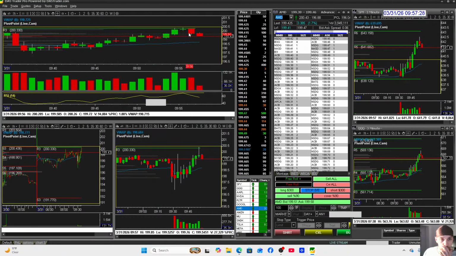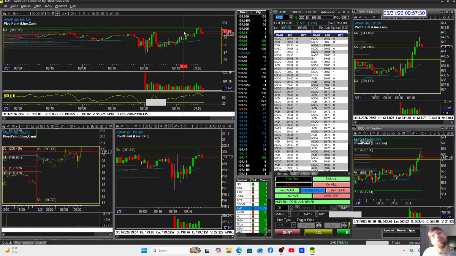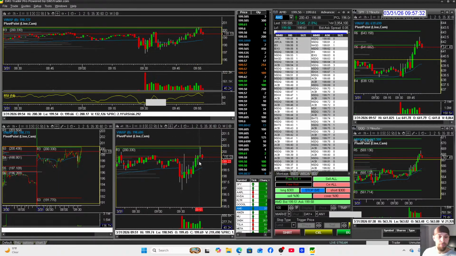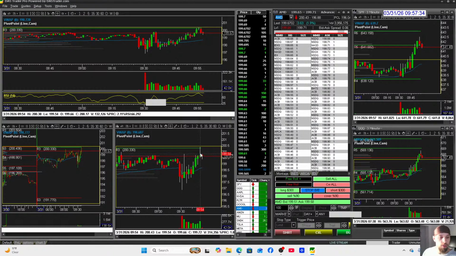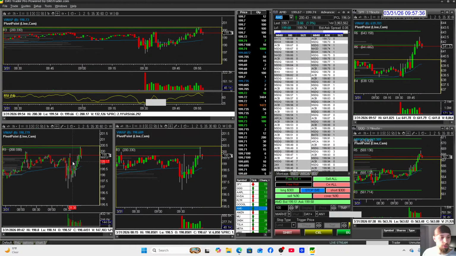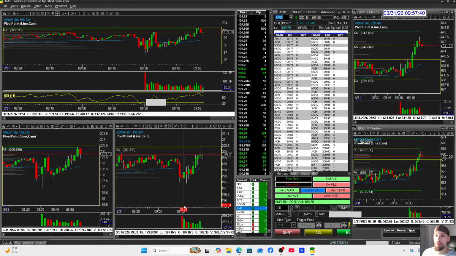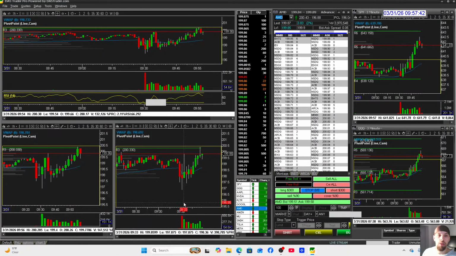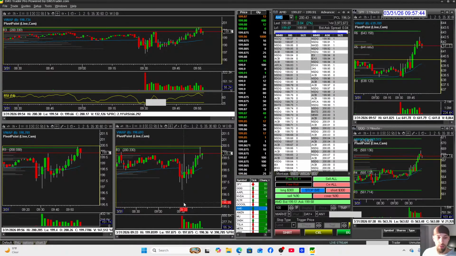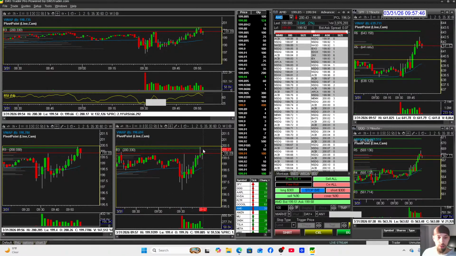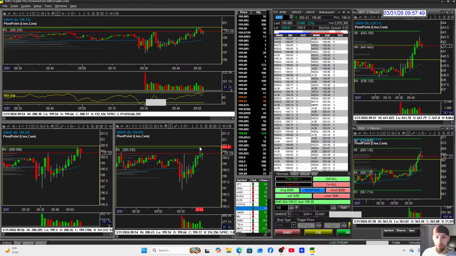AMD made its way up to test the box here. Look at that 3-minute candle. Beautiful rejection on the 3-minute. Definitely significant area of resistance right there.